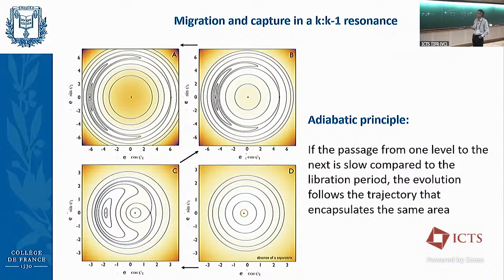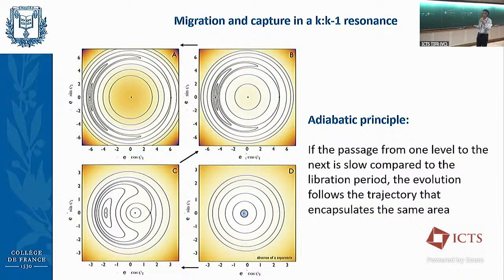The adiabatic principle says that if the dissipation, so the migration, is low compared to the motion in the resonance, so the libration period, then when the body under the dissipation moves from one level to the other, the evolution follows a trajectory that encapsulates in these coordinates the same area.